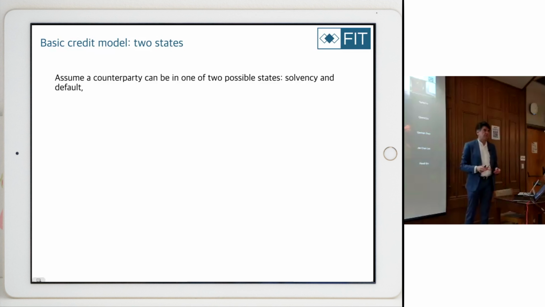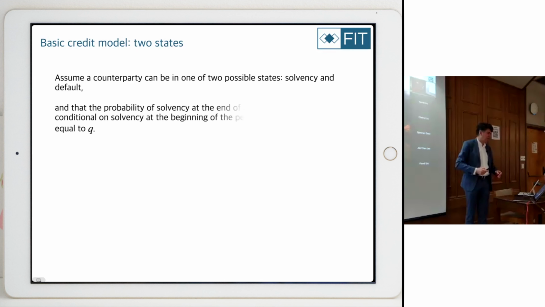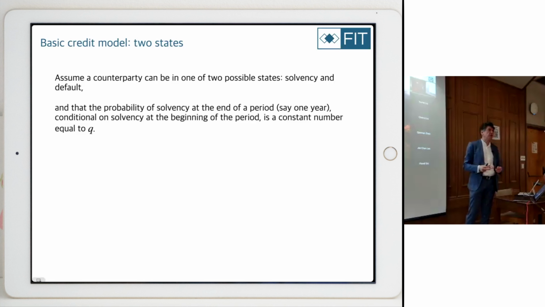I'm going to assume my counterparty can be in one of two possible credit states only, solvency and default. Of course, that's always the case. You can be solvent, you can be on default. But I'm going to add something else to it, which is that the probability of staying solvent, conditional you're solvent at the beginning of a period, a year, does not change. Okay?